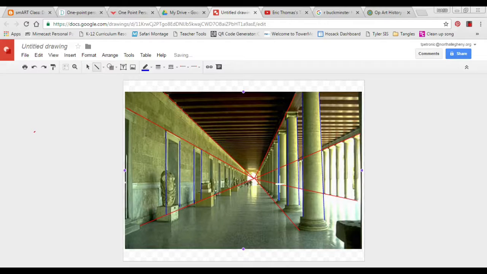The only thing that's changing is the size of them as they move away. So the trunks stay vertical, straight up and down. Ooh, that one's not quite so vertical. The sides of them stay vertical straight up and down. The only thing that's changing is how tall the tree is as it moves away from us. So it should be getting smaller and smaller as it moves back into the distance.